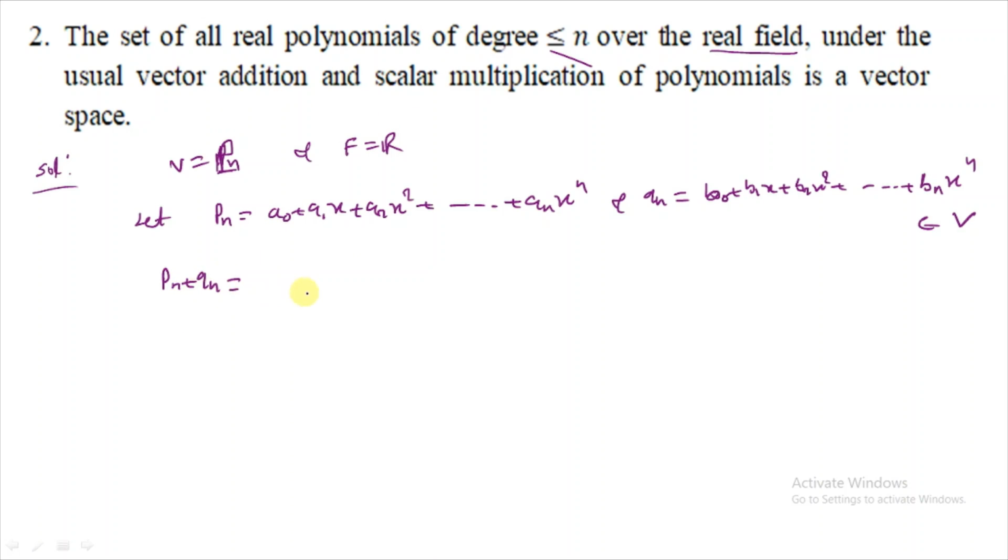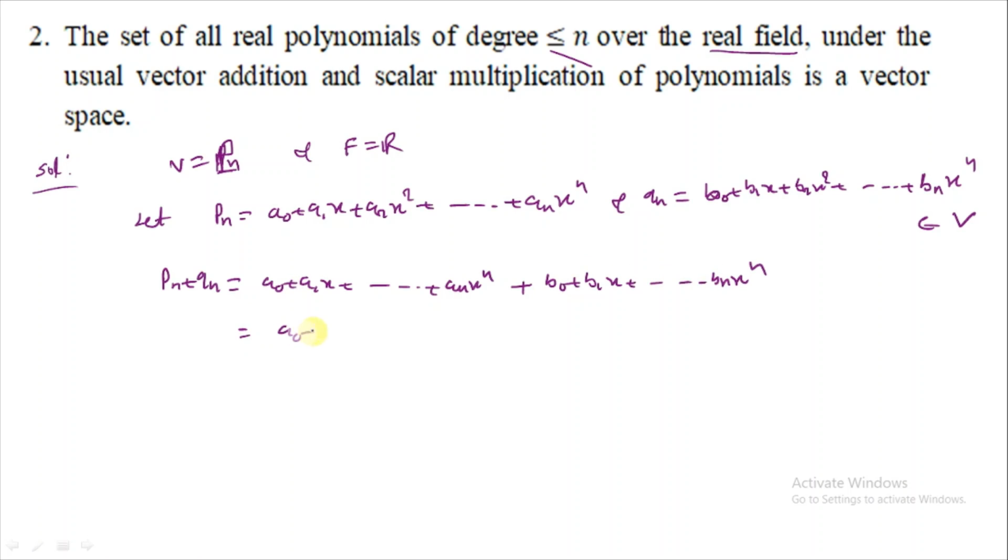How do we apply this to pn and qn? When you write pn and qn, a0 plus a1x and so on, an x power n, plus b0 plus b1x and so on, bn x power n. How to add two polynomials?